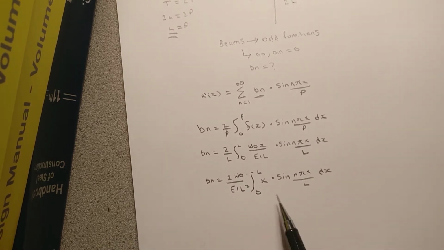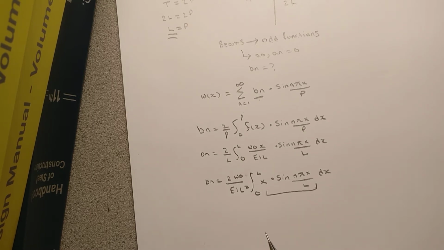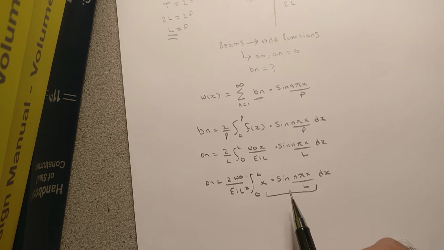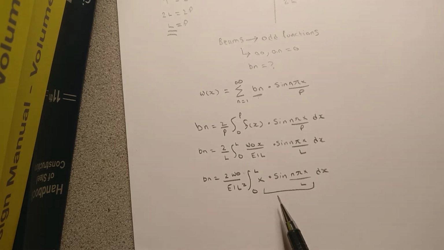You'll notice that this part of my function is something that we can solve using integration by parts. You can do this part using integration by parts and then plugging in your limits from 0 to L. But to save time, you can just look on your formula sheet that's provided and you'll get a simplification for this integral.